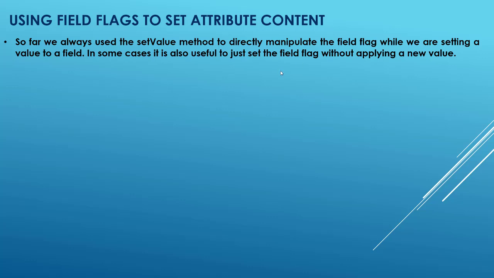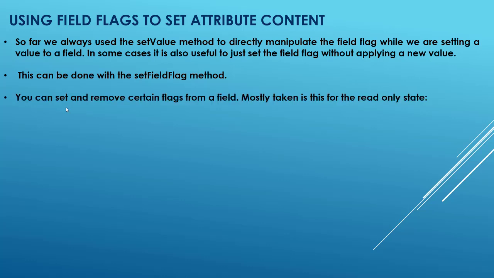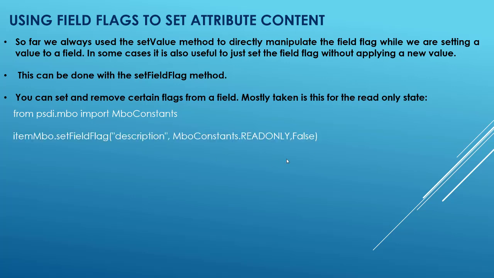The setValue method directly manipulates the field flag while we are setting a value to the field. In some cases, it's also useful to just set the field flag without applying a new value. This can be done with the setFieldFlag method. You can set and remove certain flags from a field, mostly used for the read-only state, like this one.